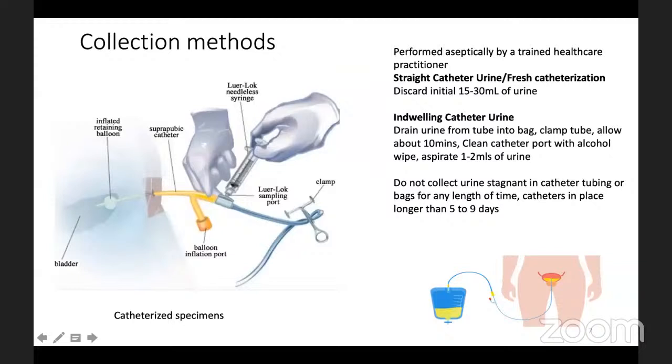So for catheter urine, we don't take urine from the catheter bag. We don't take urine from the tubings. If you want to take urine, it's either a fresh catheterization, or if it is an old catheter, you drain all the urine out, clamp it, allow fresh urine to come in 10 to 15 minutes, and then you can aspirate into your sterile container.